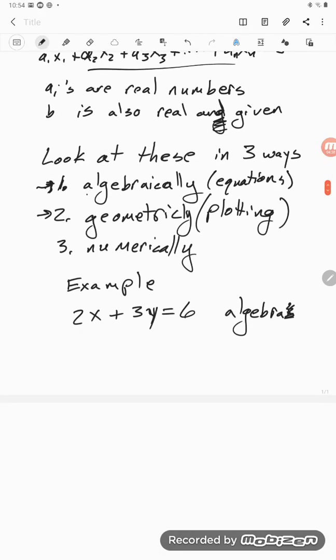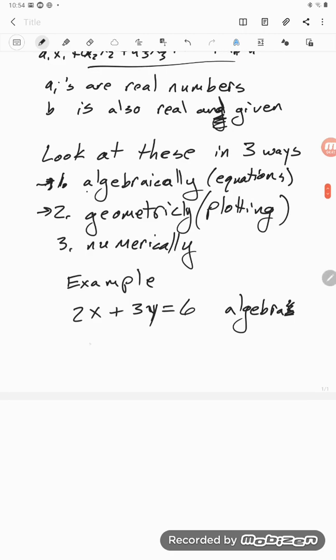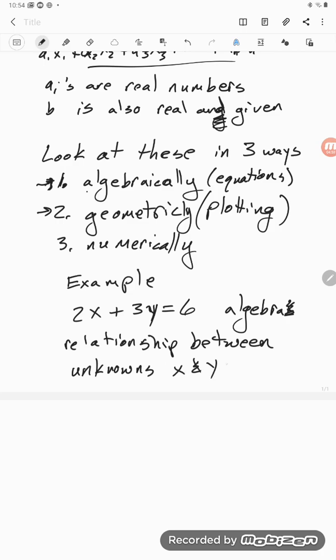Well, this is telling us this is a relationship between unknowns x and y.